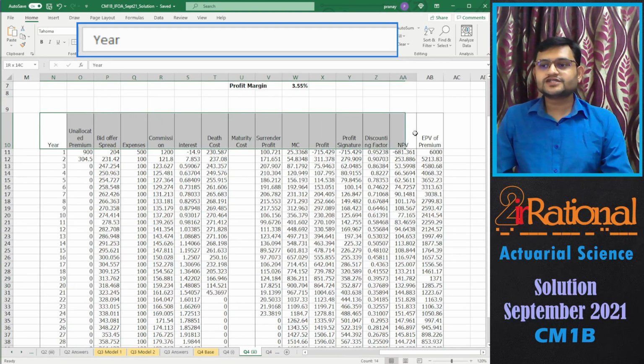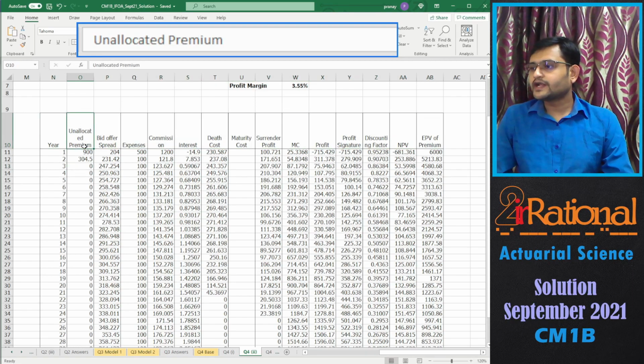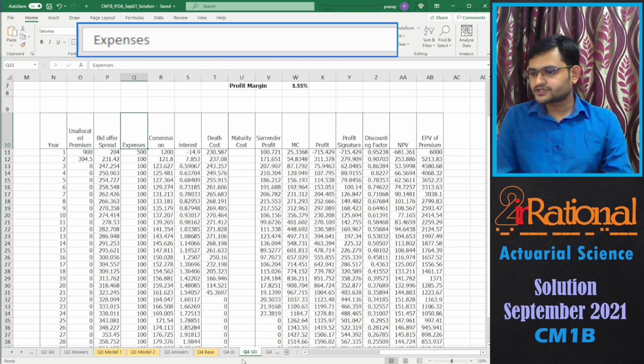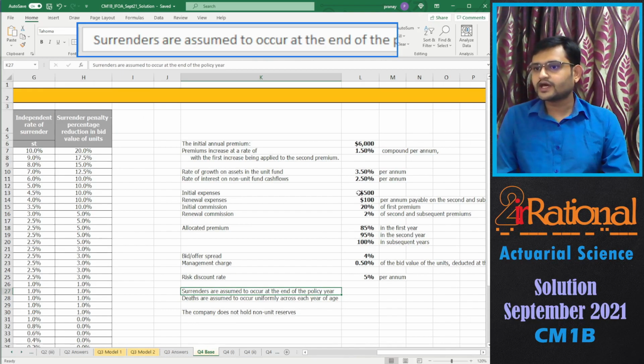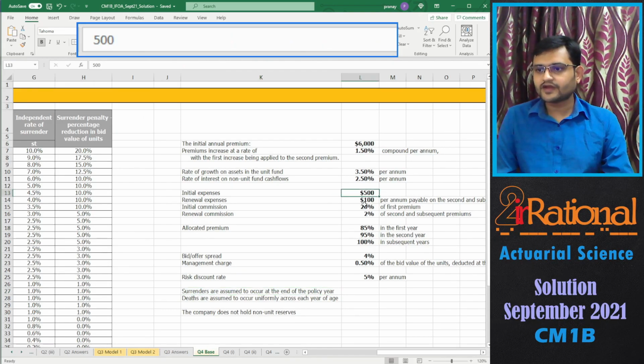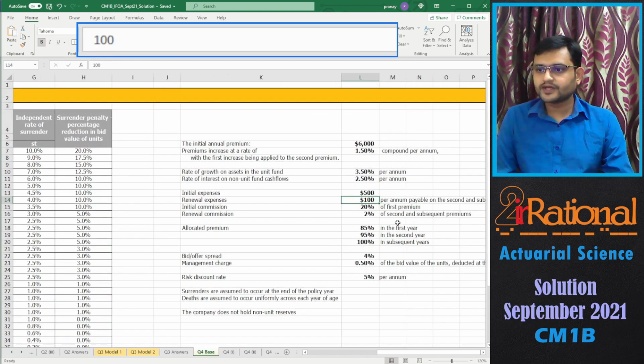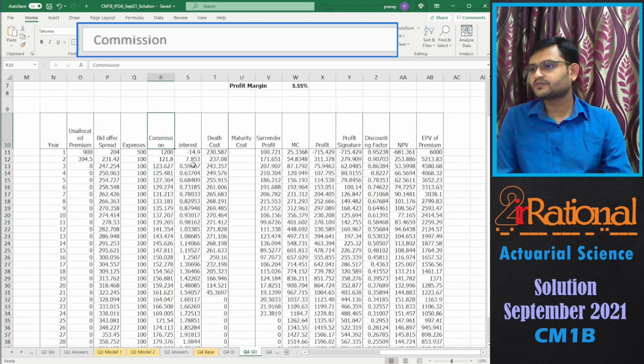For the profit testing table, you could make it in many different ways because no titles were given to us. So the unallocated premium and the bid offer spread come from the unit fund table. Expenses are given to us in our base, that is our 500 and 100. Commission is also given in our base, that is 20% of our first premium and 2% of our second premium and all the subsequent premiums.